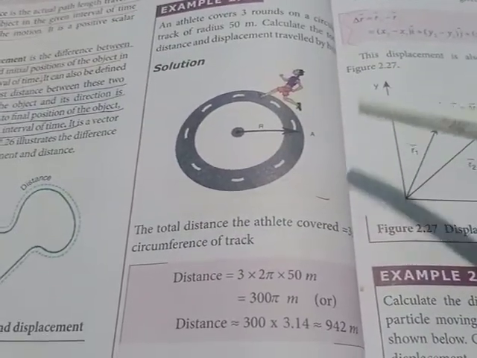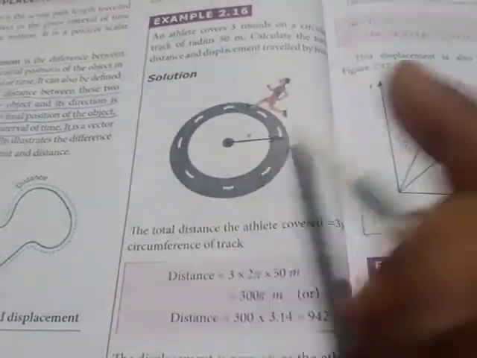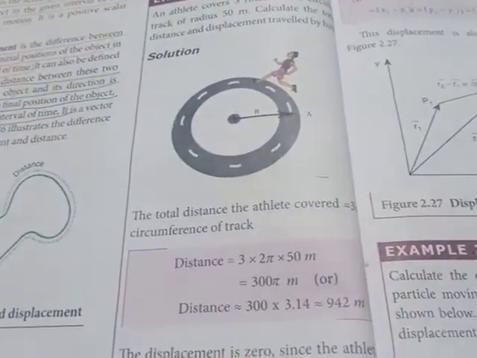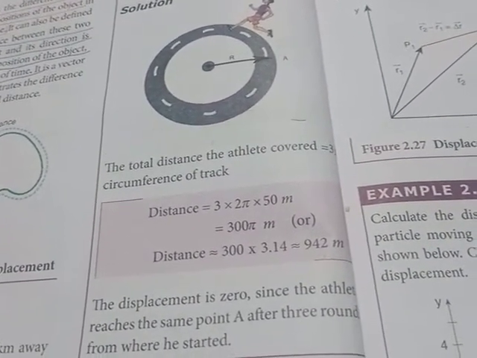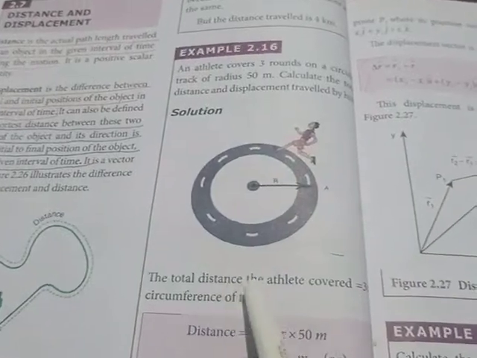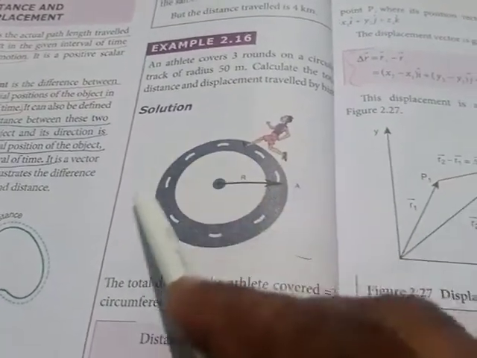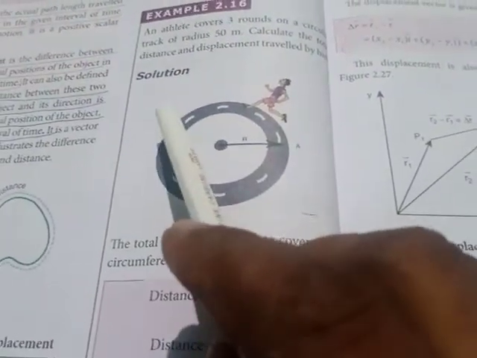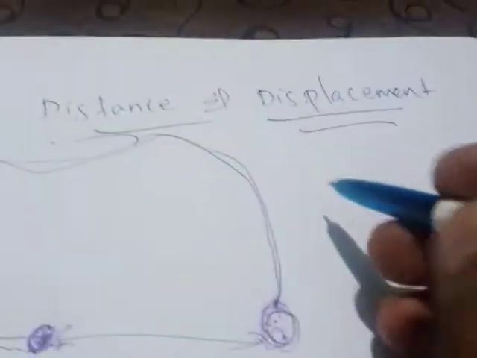So we know that this distance is equal to the circumference. The total distance the athlete covered, this circular distance, is equal to the circumference of the circle, 2 pi r. So that formula is what we are choosing here.